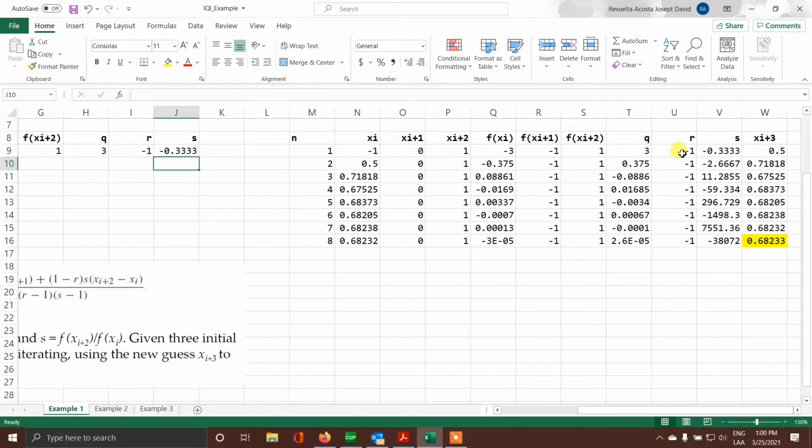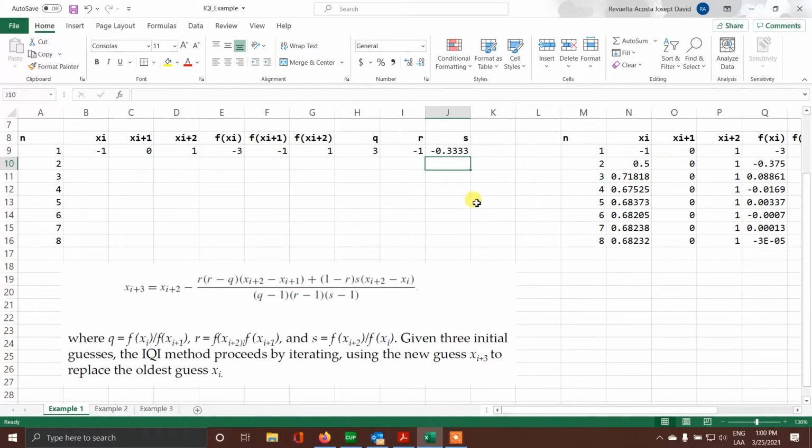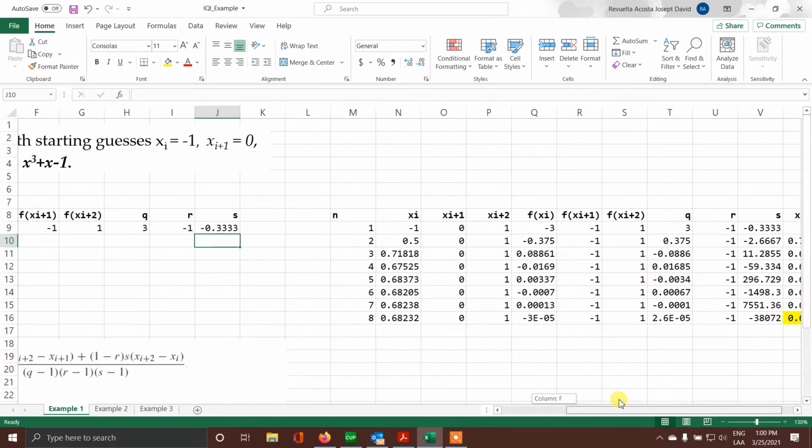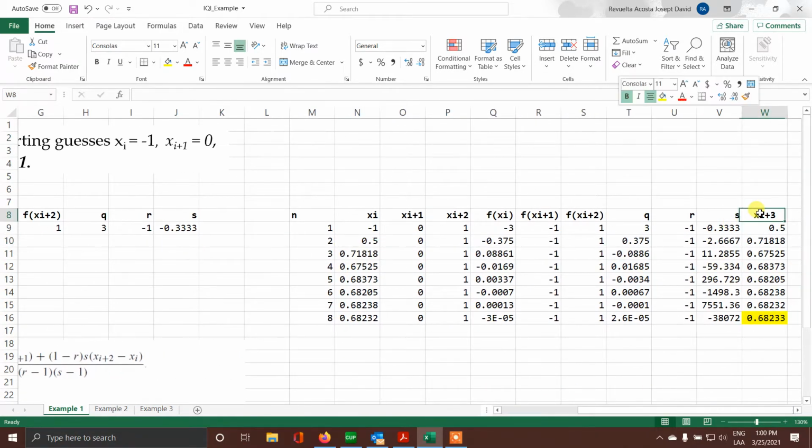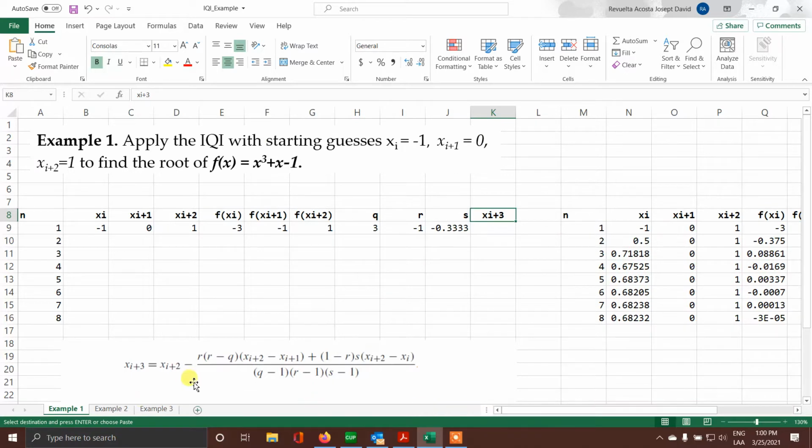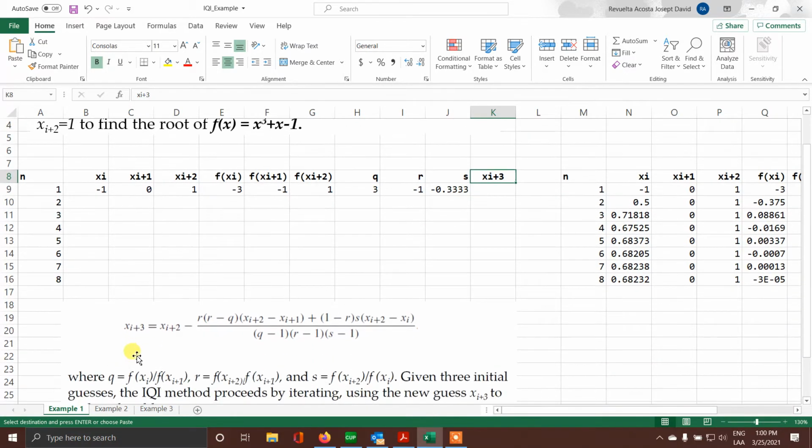So paste it. We need the new guess, or the new point of reference, for the parabola. So this is very straightforward. The same thing, xi plus 1, right? Sorry, xi plus 2. That's a mistake.